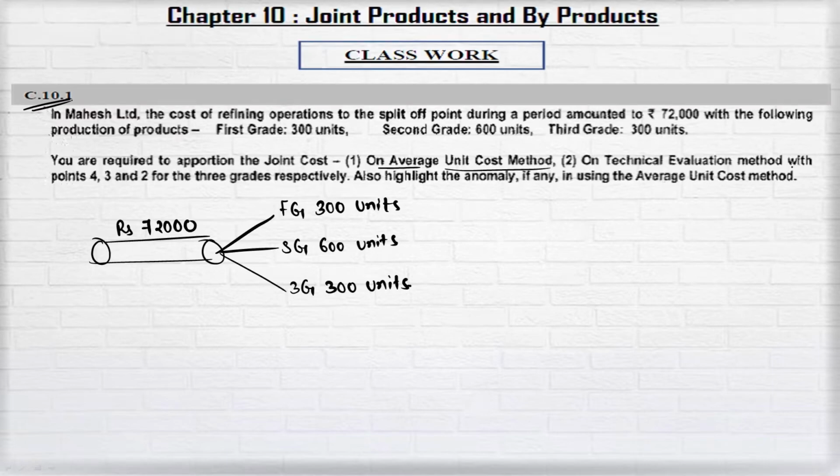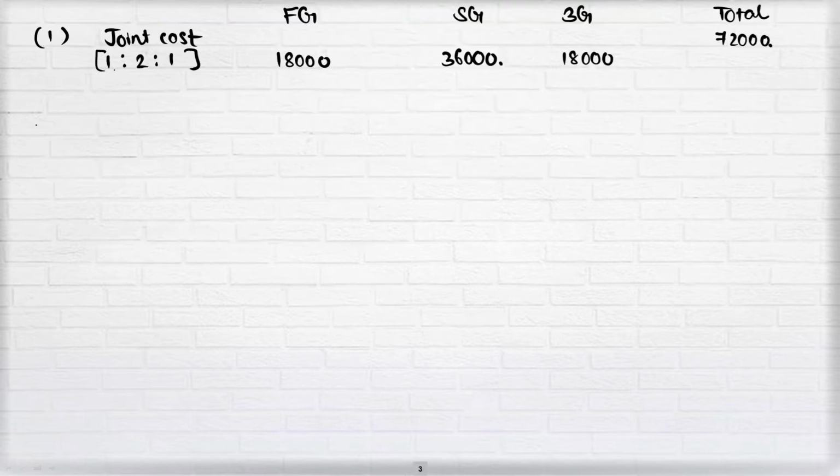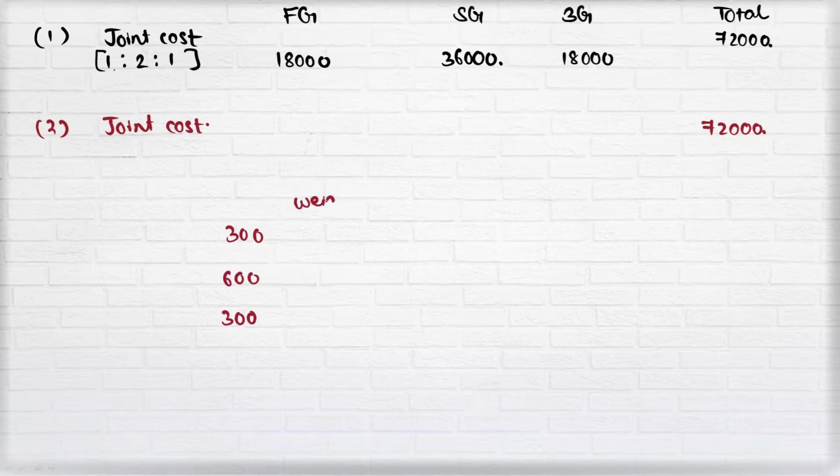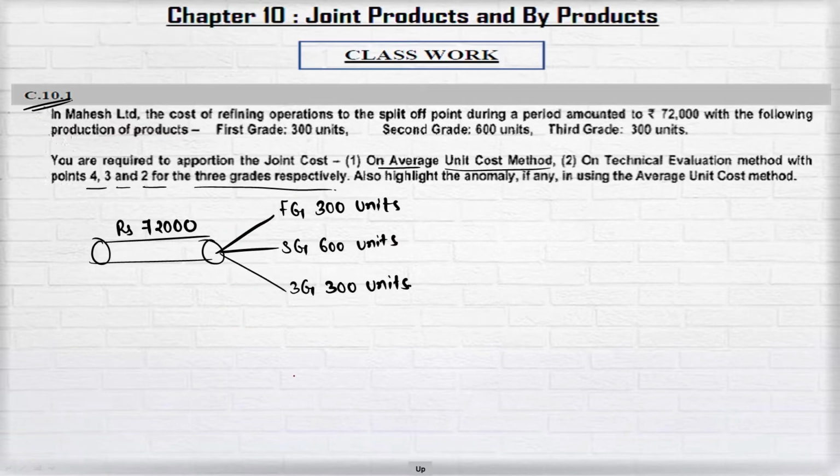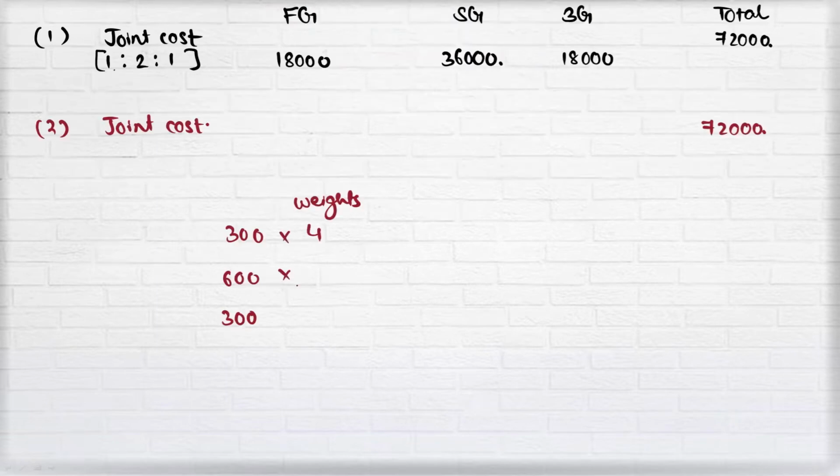On technical evaluation method with points 4, 3 and 2 for the 3 grades respectively. Joint cost total 72,000 should be normally distributed in 300, 600, 300, but they have given weights or points of 4, 3 and 2.